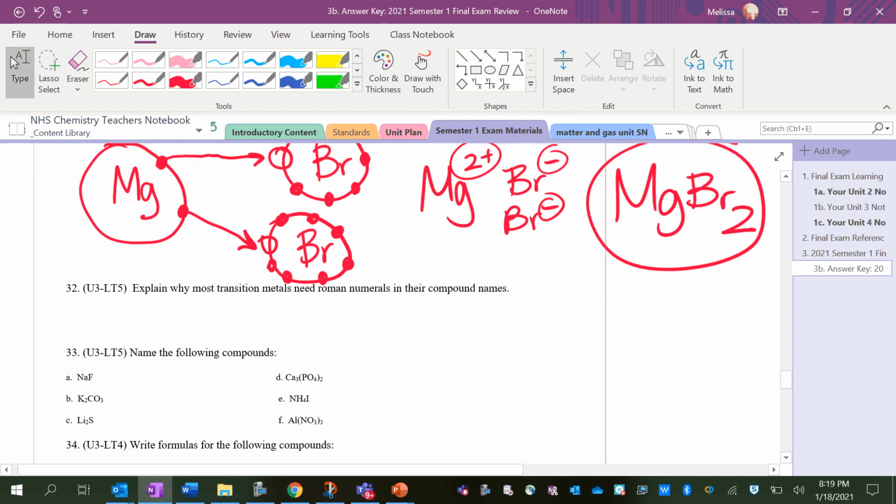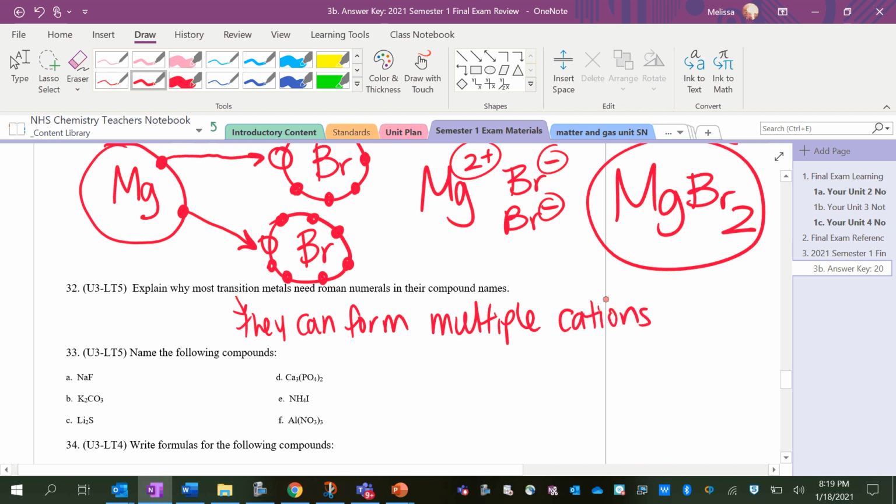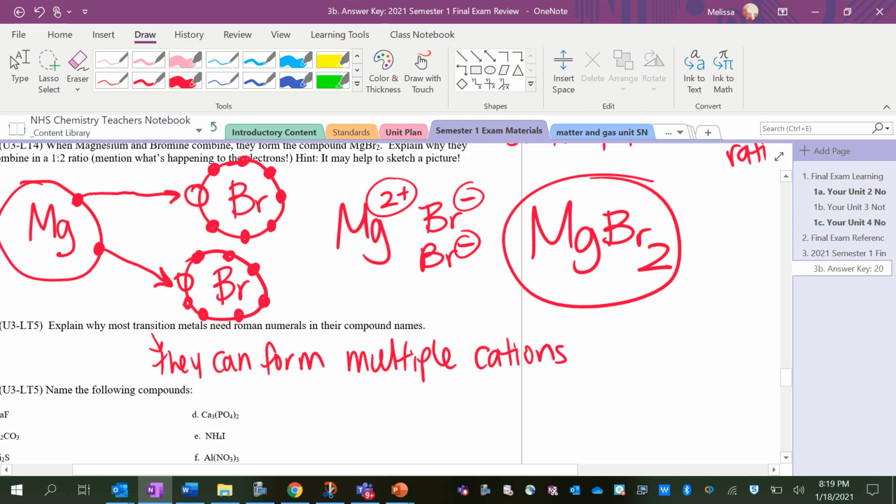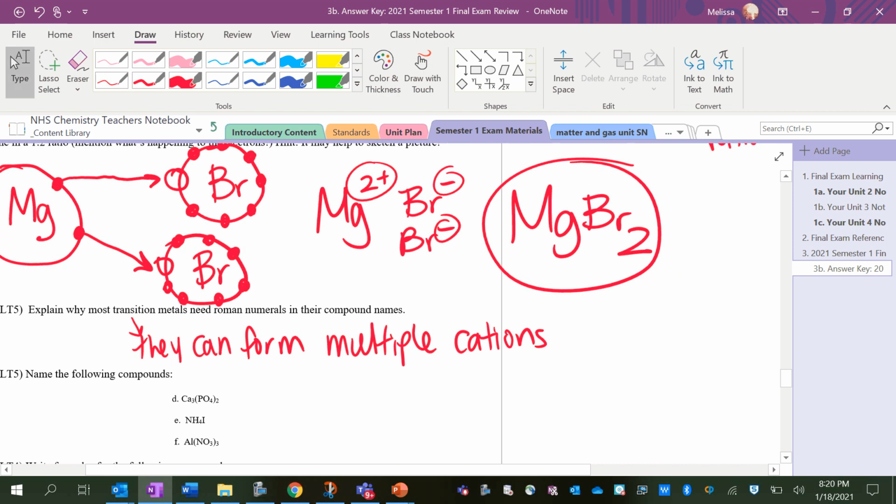Explain why most transition metals need Roman numerals in their compound names. They can form multiple cations. So you know how magnesium always loses 2 electrons because it's in group 2A. Copper, which is Cu, can sometimes lose 1 electron to be stable, and sometimes it loses 2 electrons to be stable.